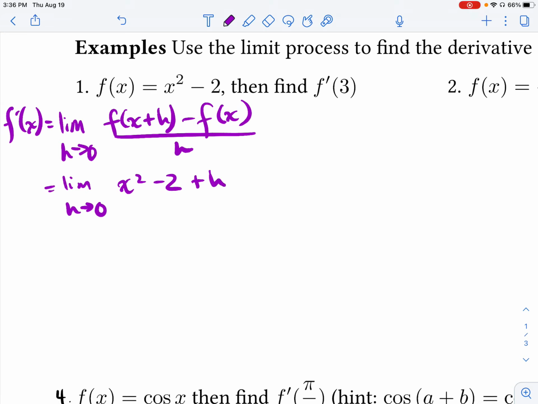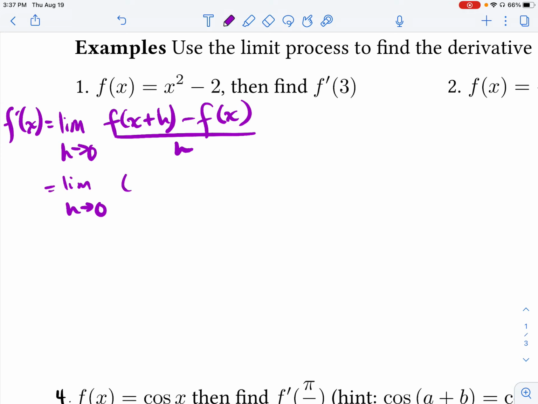And I'm going to pause right now because hopefully you're looking at this and you're thinking, that's not correct. Remember, common mistake, f of x plus h is not the same thing as f of x plus h. That's a common mistake that hopefully you got fixed in pre-calculus, all right? But now that that is out of the way, let's do that correctly.